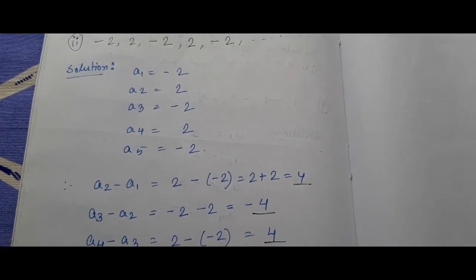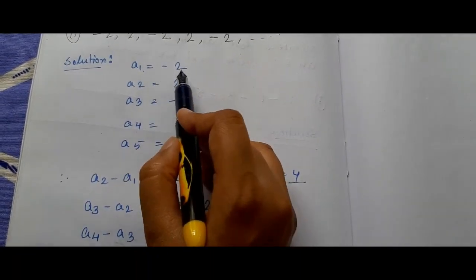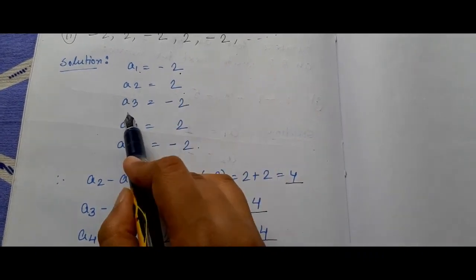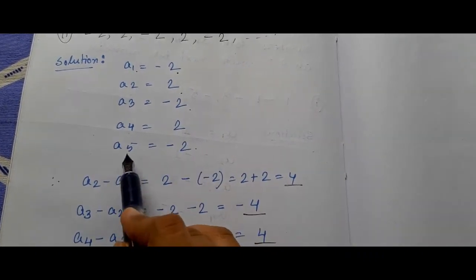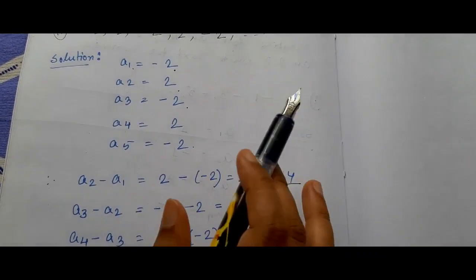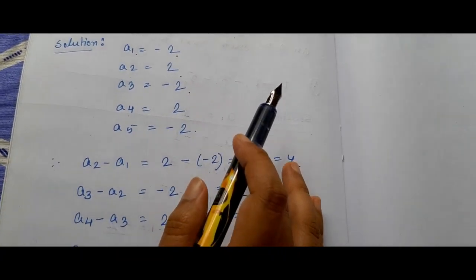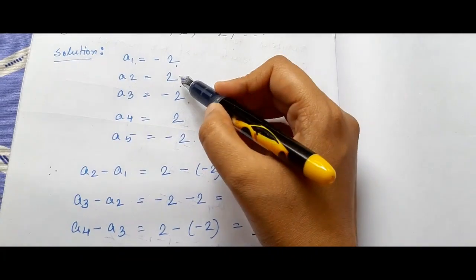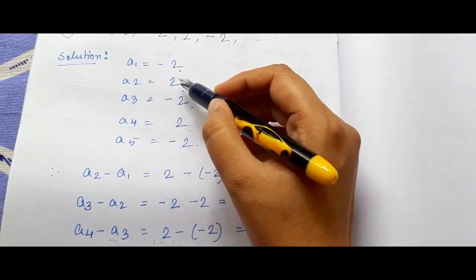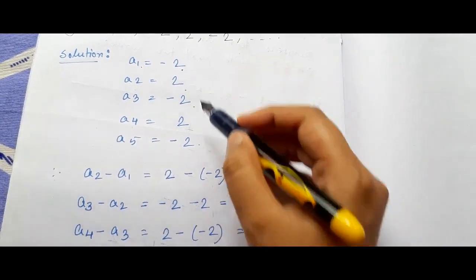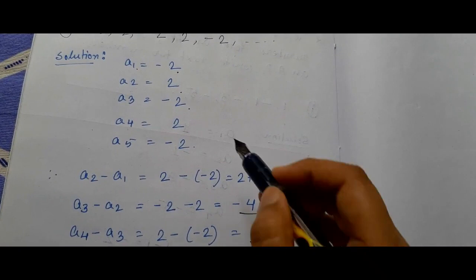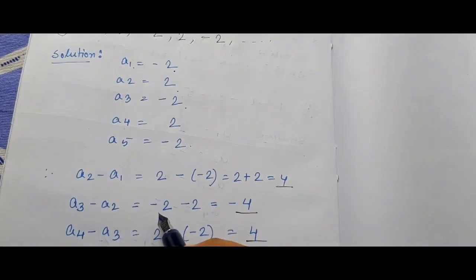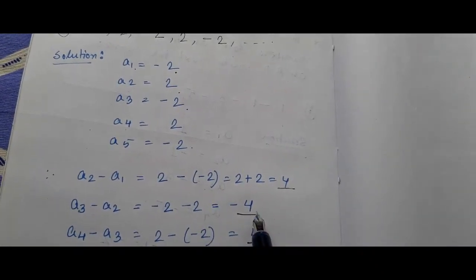Now check this example. Here the first term is minus 2, second term is 2, third term is minus 2, fourth term is 2, fifth term is minus 2. You have to check whether this is an AP or not. Okay. If you check the difference between these two, A2 minus A1, it will be 2 minus of minus 2, that is 4. If you check A3 minus A2, it will be minus 2 minus 2, that is minus 4.